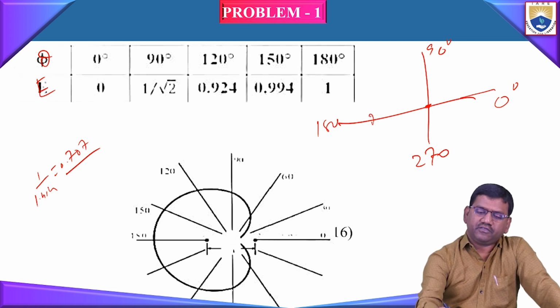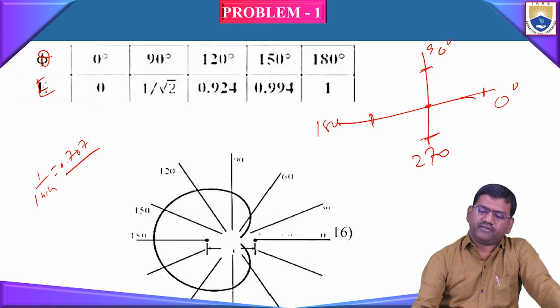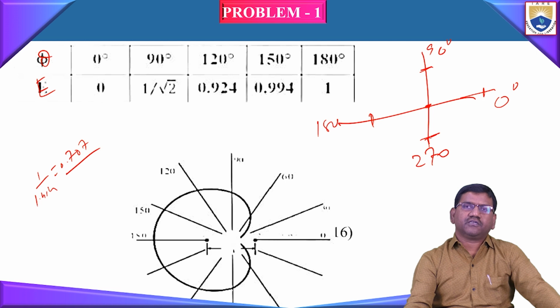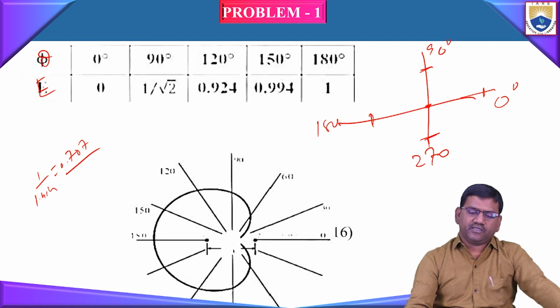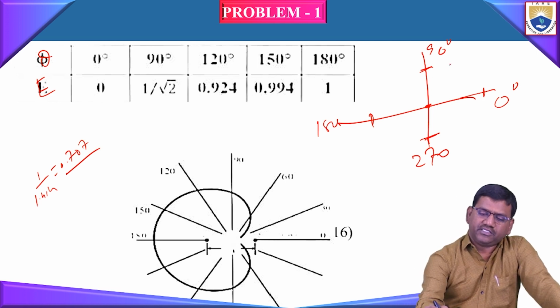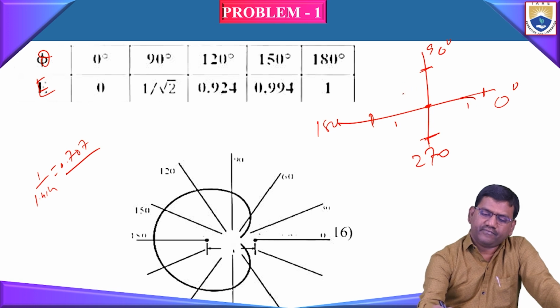You can take this as 1 unit, and this as 1 unit, and this as 1 unit. 1 centimeter is equal to 1 unit. So based upon the data, 90 means you will get 0.707.